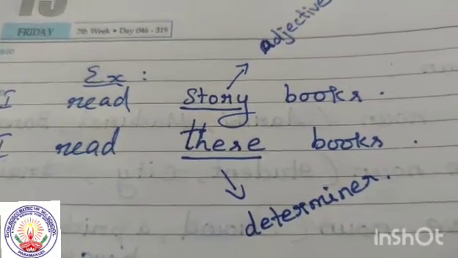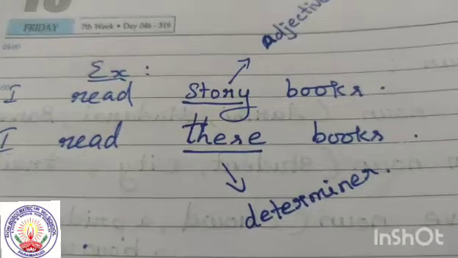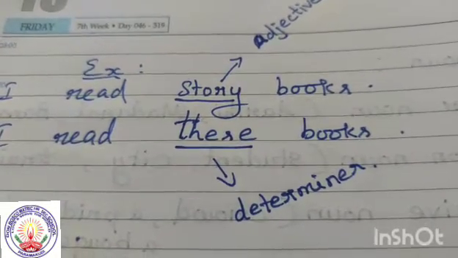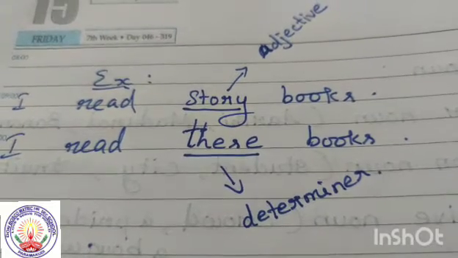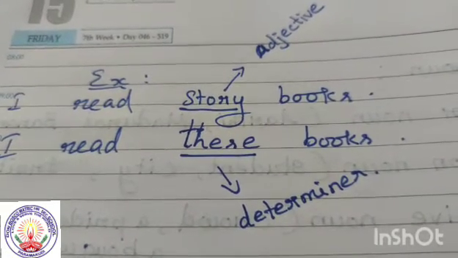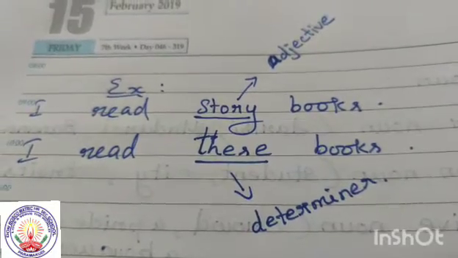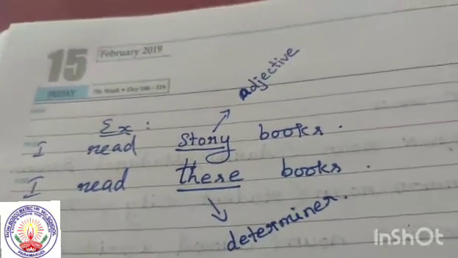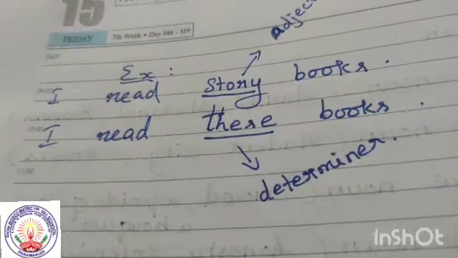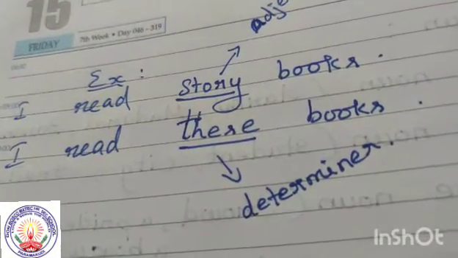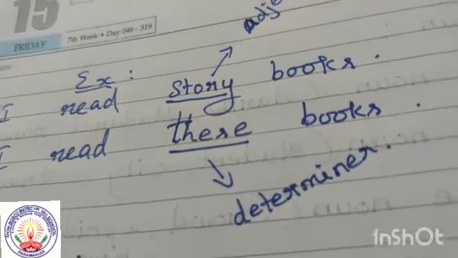So what is the difference between an adjective and the determiner? Adjectives qualify the noun, but the determiners point out the noun. அதாவது, அட்ஜெக்டிவ்ங்கிறது நவுனுக்கு முன்னாடி வரும், டிட்டர்மினரும் நவுனுக்கு முன்னாடி தான் வரும்.